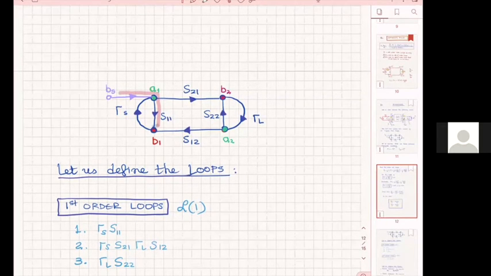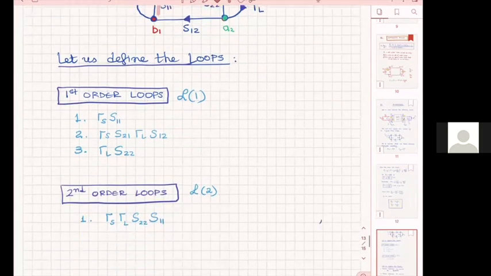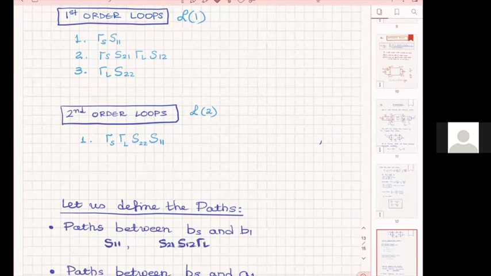I cannot do this as a path because I go through a node twice. A path can only be a straight pass, only once. You pass a node only once. So I cannot use this, but only this single path that you see. And the value of this path is S11. All right, so you see that S11 here. That's one path.